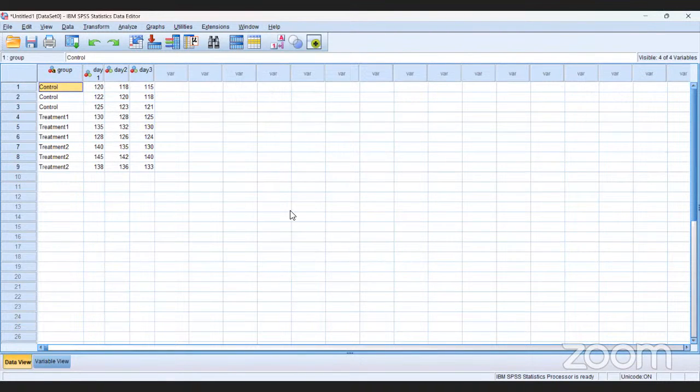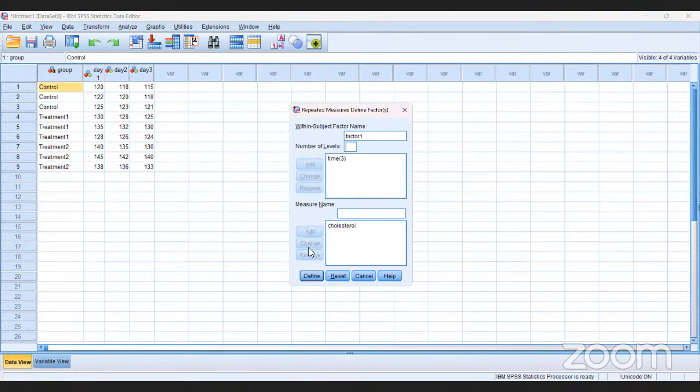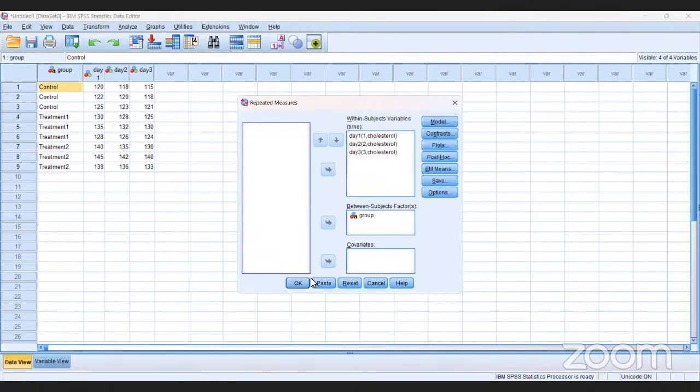So when you click the define, it shows this group. First one is the group. That will be the between subject factors.